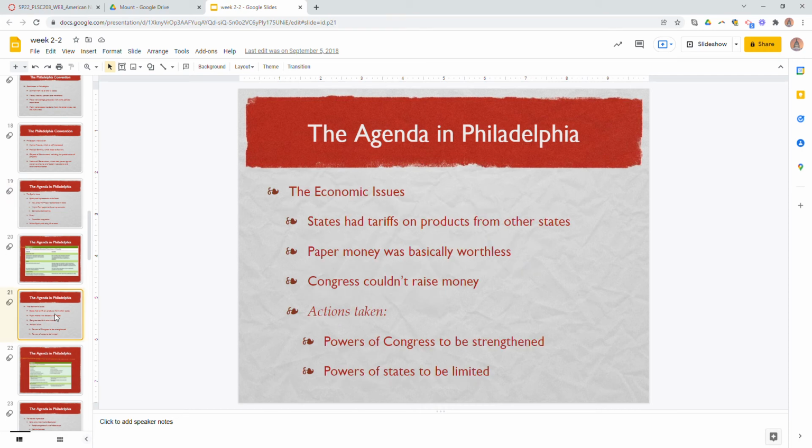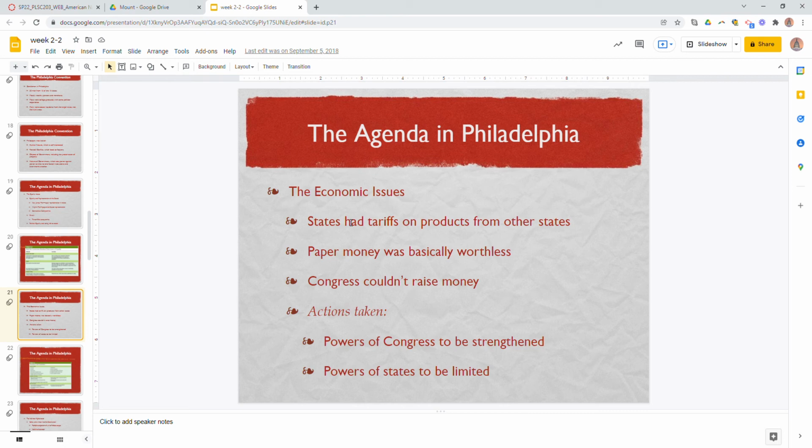So the other issues are economic problems. What happened was the Congress got stronger and limited the powers of states over the economy. So the federal government got the power to regulate trade.